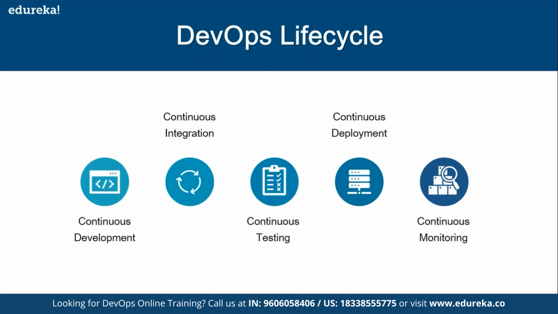And on the other hand, continuous integration is the stage which is the heart of the entire DevOps life cycle. So you plan it, you make use of version control systems like Git and GitHub, followed by which you have continuous integration, which is the heart, right? Which is the main phase of your DevOps lifecycle.